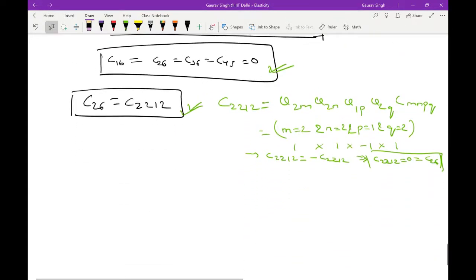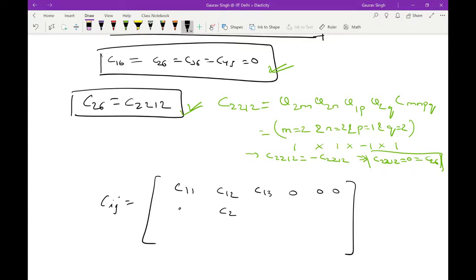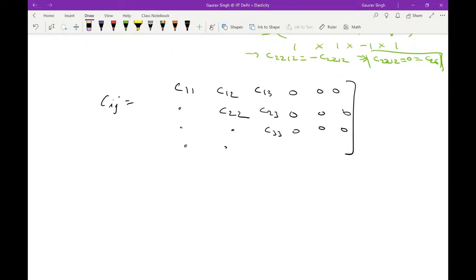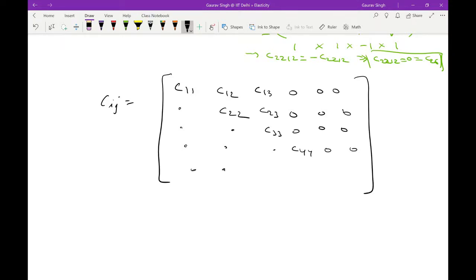Okay. Now this would further reduce your elasticity tensor to C11, C12, C13, 0, 0, 0, C22, C23, 0, 0, 0, C33, 0, 0, 0, C44, 0, 0, C55, sorry, this is C55, 0.